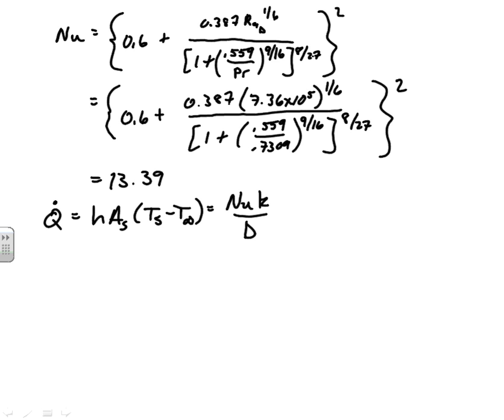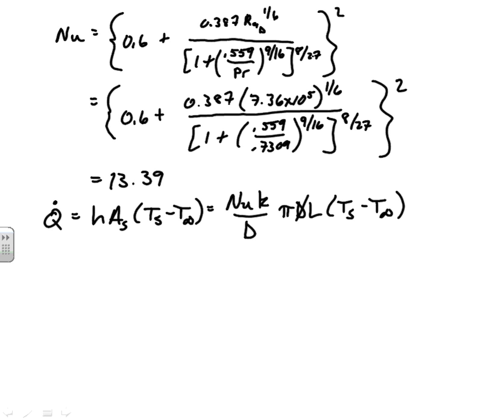This is just the surface area of a tube because I'm told to neglect the ends of the can, so it's just the tube portion. And the surface area of that tube is just pi times D times L. Then multiply by the temperature difference, Ts minus T infinity.